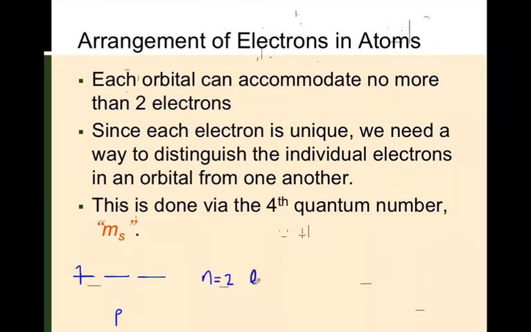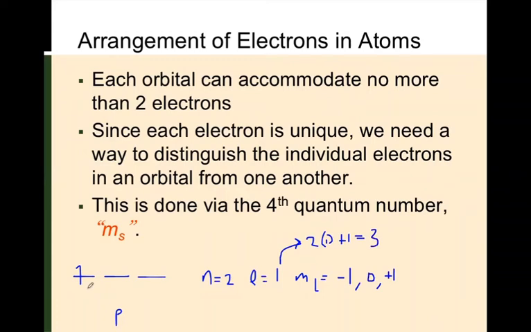So L here is equal to 1 for all 3 orbitals. ML then is going to be equal to -1, 0, and +1. We can check that because L is equal to 1, so that's 2 times 1 plus 1, which is equal to 3.